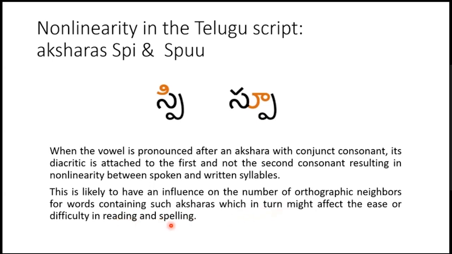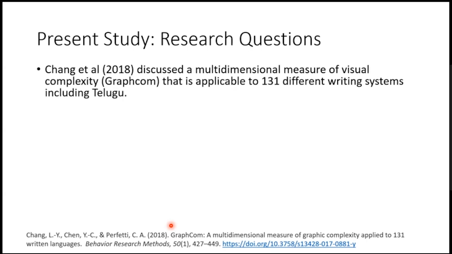Next, please. To examine this intuitive feeling that I've had over the years, we took up the present study. We take off from Chang et al. 2018, who talked about a multidimensional measure of visual complexity called GraphCom, which they applied to 131 languages, including Telugu.